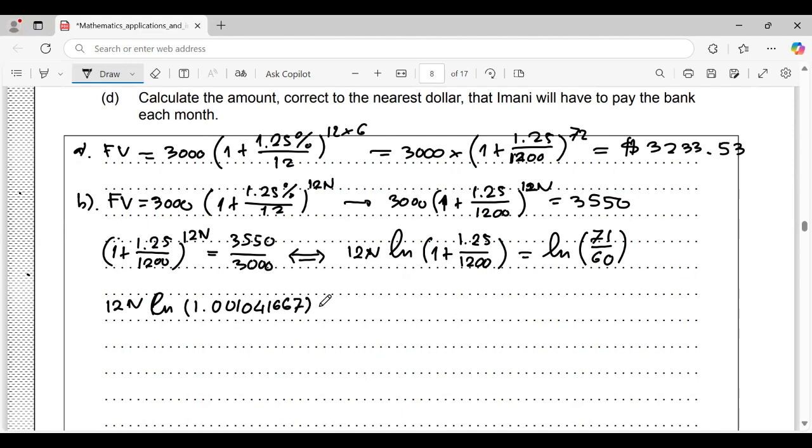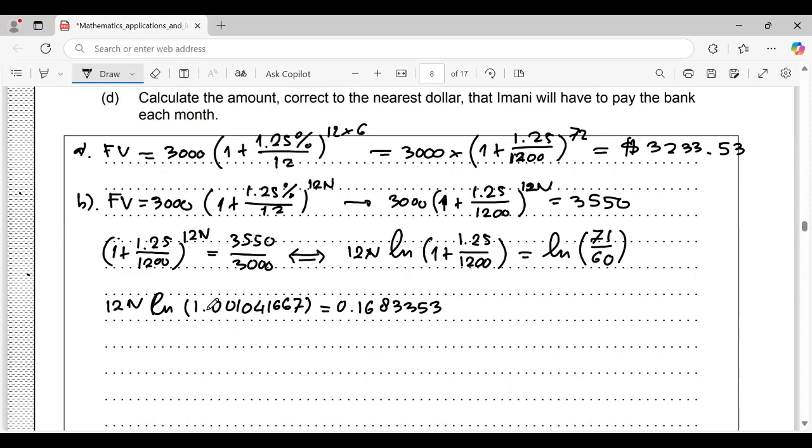So the log of this one, 1.00104167, and log of 71 over 60 is 0.1683353. Okay.